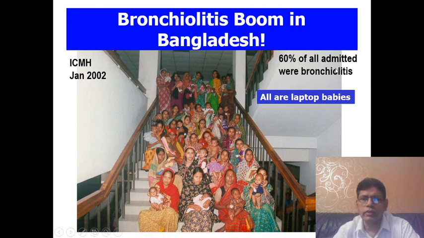More than 60% of admitted children had bronchiolitis. One point is very important here. All children are in the mother's lap. They are all lap babies, and no single child is standing by the side of the mother.